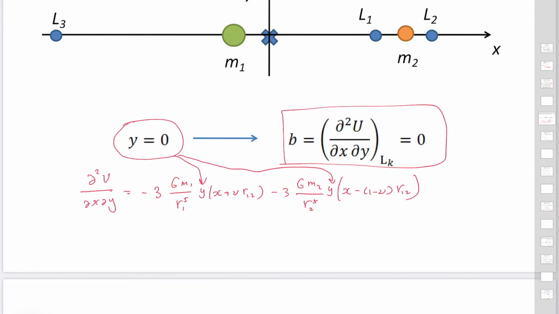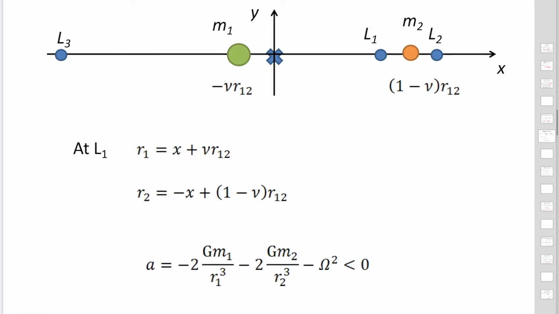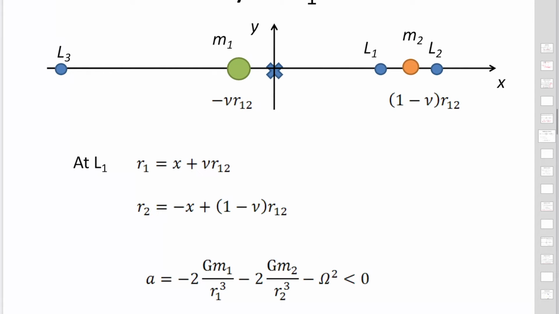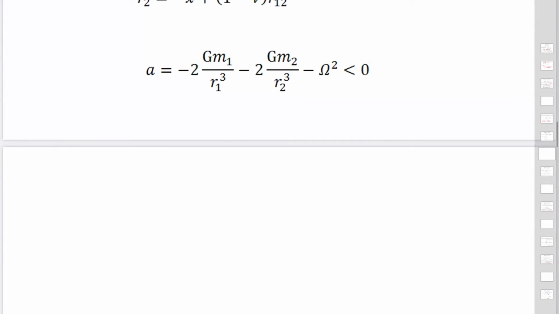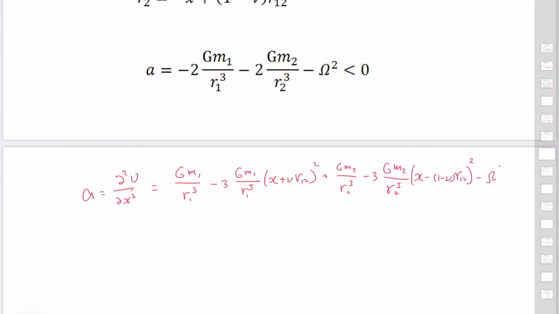Then we'd like to find out a. For example, at the L sub 1 point, we could calculate a as a second derivative. So this becomes G m sub 1 minus omega squared.